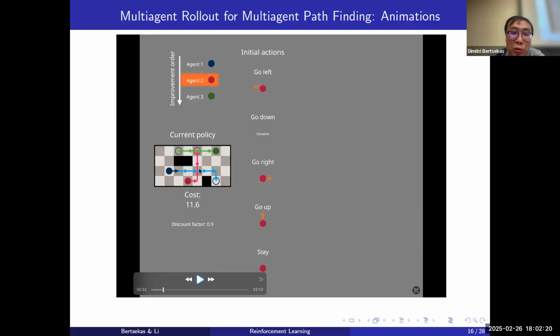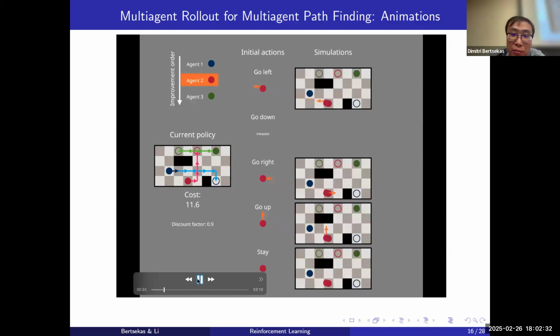Then for agent 2, you can see it can go to the left. It cannot go down here, and it can go to the right, go up or stay still. It tries 4 different moves and then constructs the remaining trajectories following the base policy.